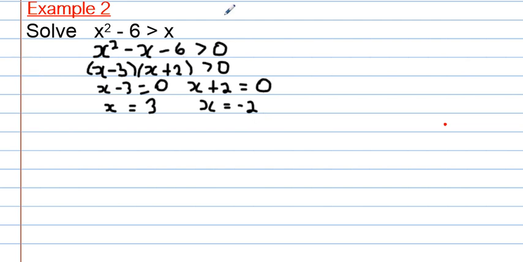Okay, I would like to represent it on the graph this time. So this is my x-axis and the y-axis. Minus 2 here, it's just a sketch, and 3 there.